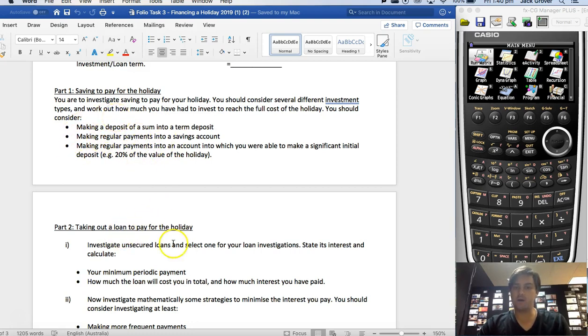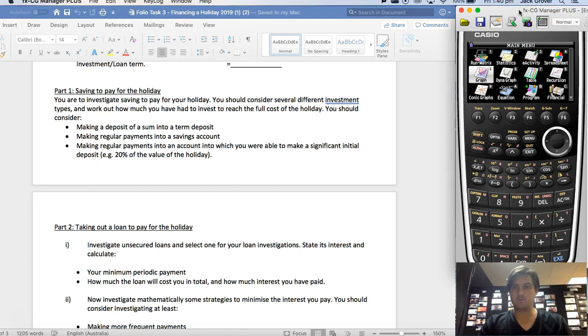When we do part two, we're going to need a personal loan interest rate, which is going to be higher. But let's just say our interest rate is 2.2%. Pretty stock standard. For the first dot point, what we need to do on our graphics calculator now, if you're doing this on your computer, your graphics calculator should look very similar to this.